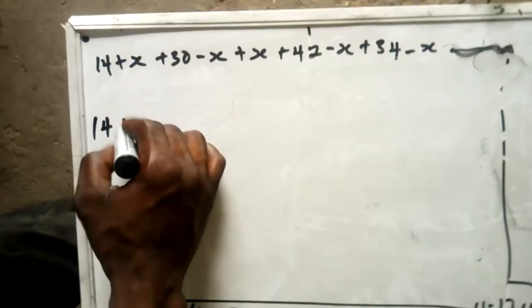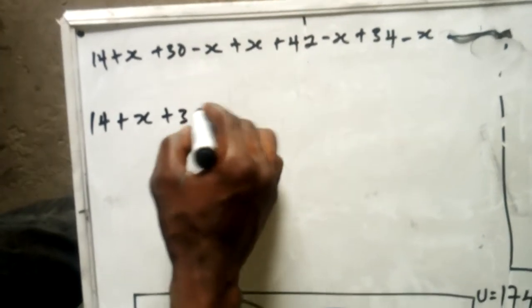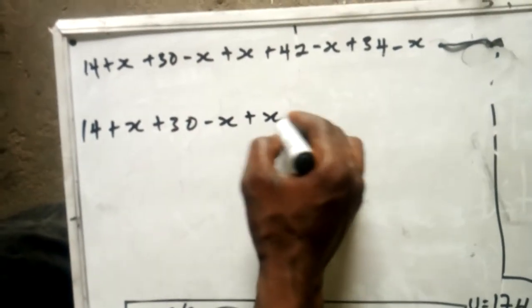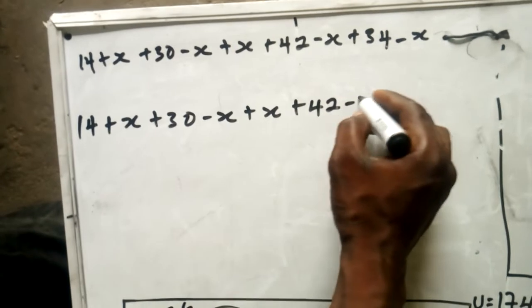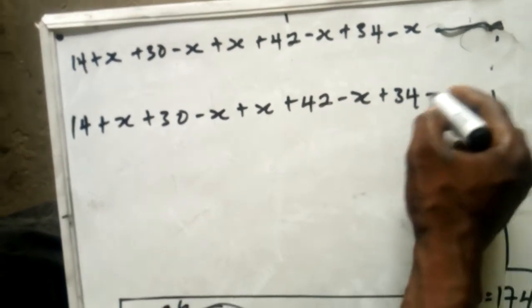So 14 plus s plus 30 minus s plus 42 minus s plus 34 minus s.